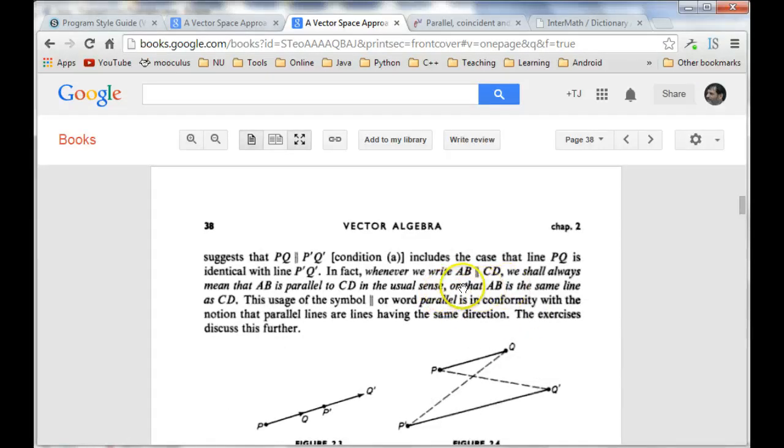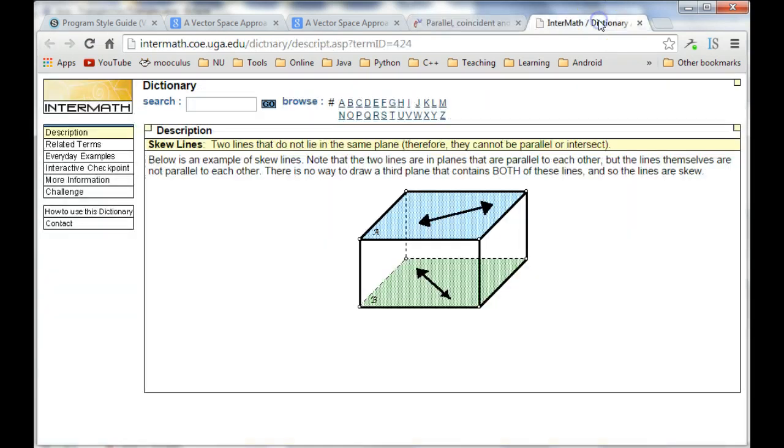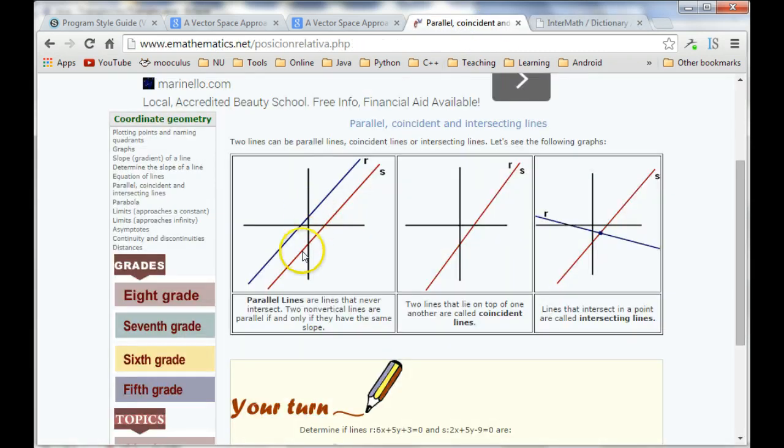So one thing was with this idea of parallel. Typically, when we're talking about parallel, a distinction is made between parallel, coincident, and intersecting lines. And when you get into 3 dimensions, you can also have skew lines that don't have the same direction, but they also never touch. In terms of vectors, what the author's talking about when he says parallel, he's using parallel to include the case of coincident.